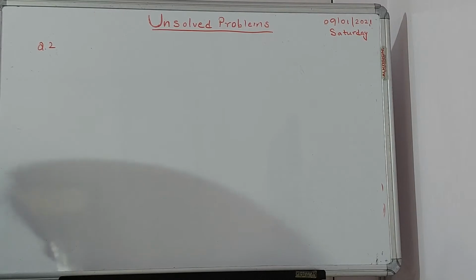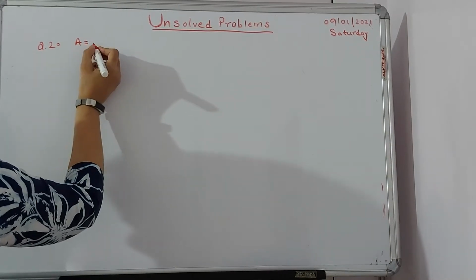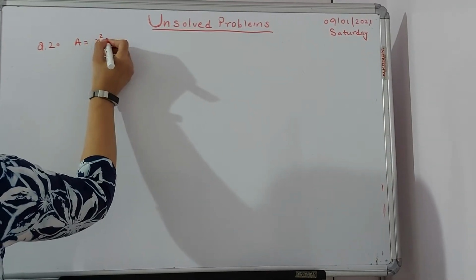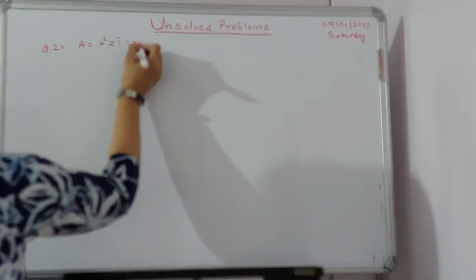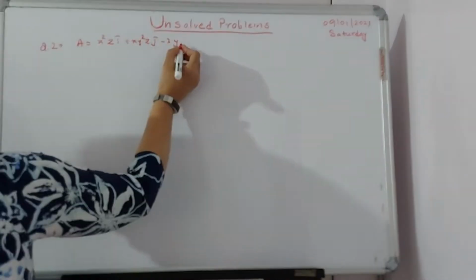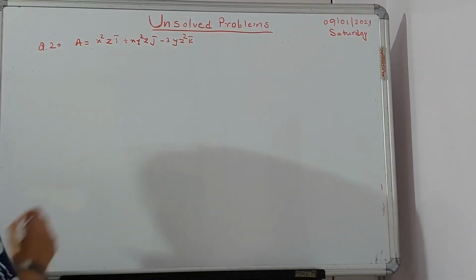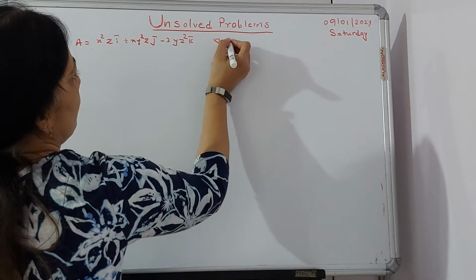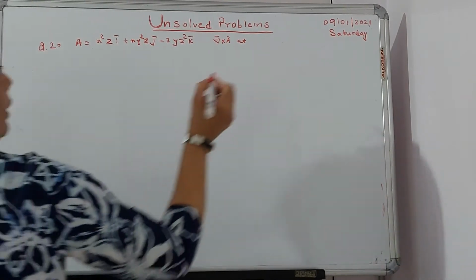Question number 20 says, if vector A is x square z times i plus x y square z times j minus 3y z square k, determine curl A at the point 1, 1, 1.